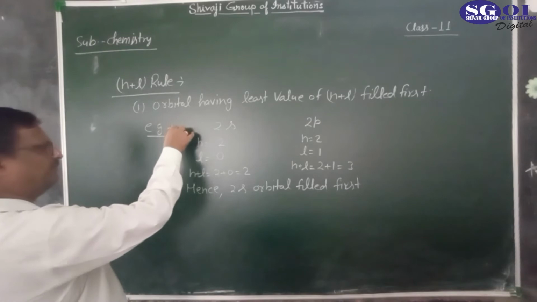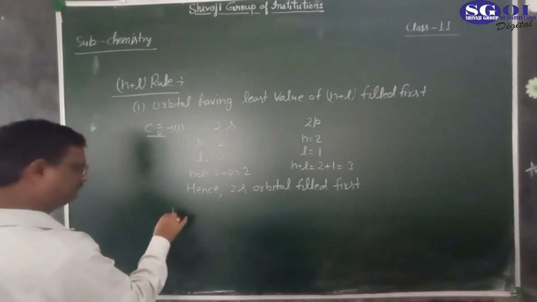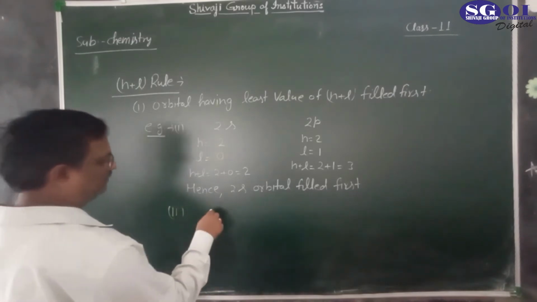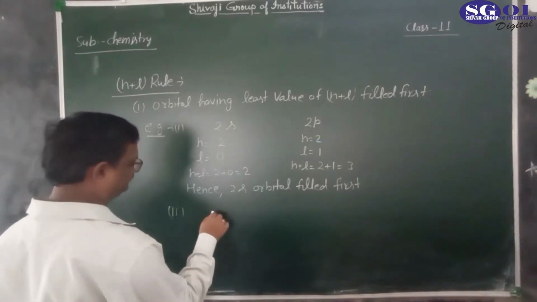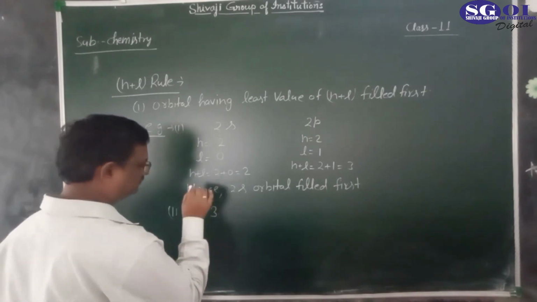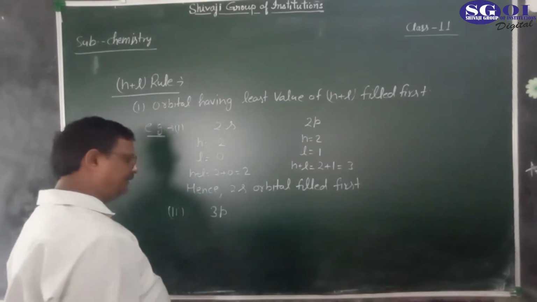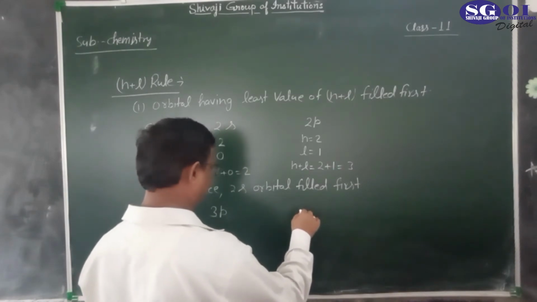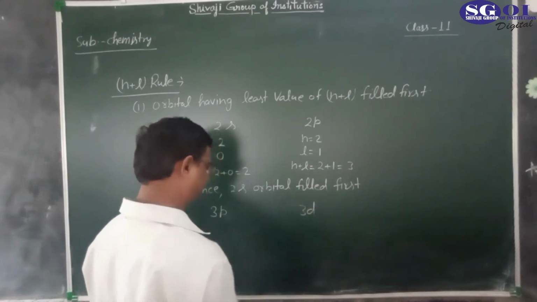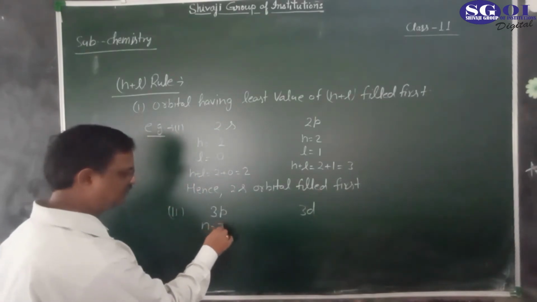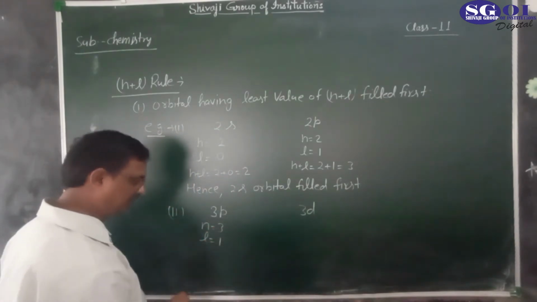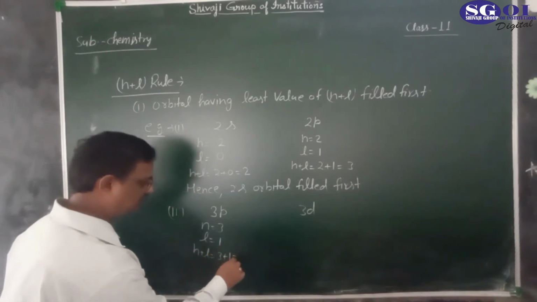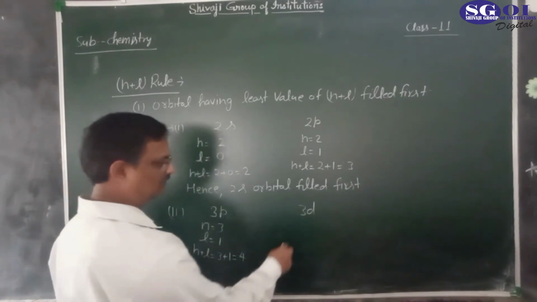So this one is rule 1. Take one more example: 3p and 3d. For 3p, n is 3, l is 1, so n plus l is 3 plus 1 equal to 4.